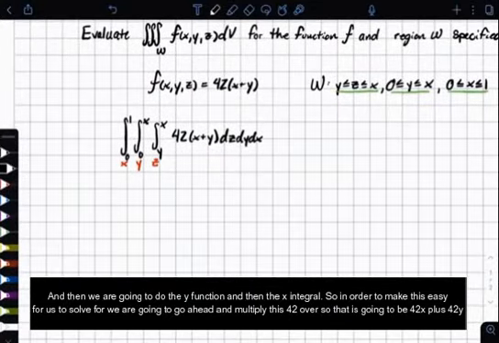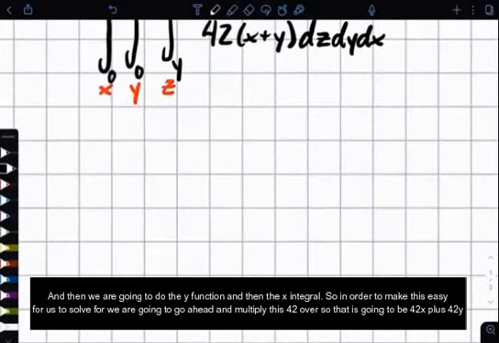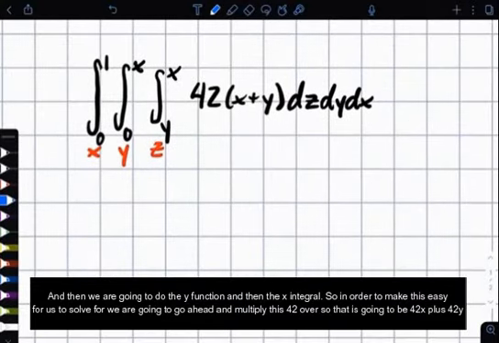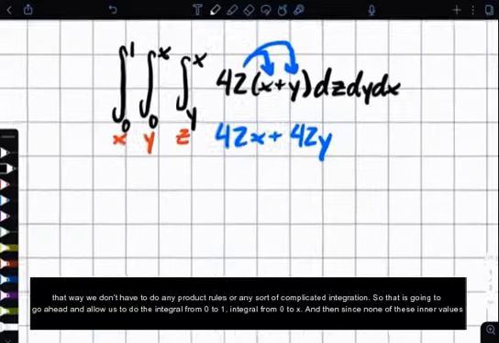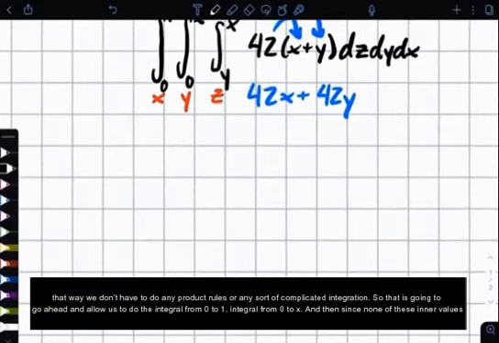To make this easier to solve, we multiply the 42 through, so it's 42x plus 42y. That way we don't have to do any product rules or complicated integration.